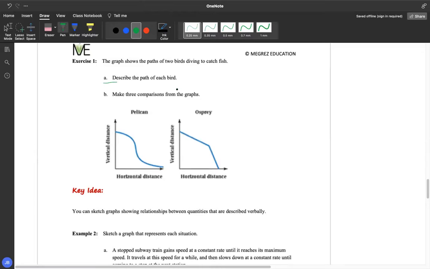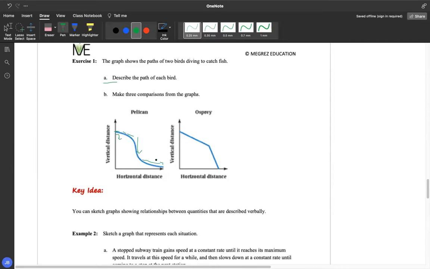Okay. So for the first one, it starts up high and then it drops down. And it's a pretty steady rate until like the middle, and then it drops fast. And it's another steady rate at the bottom, I mean, not steady rate, but steady slope.